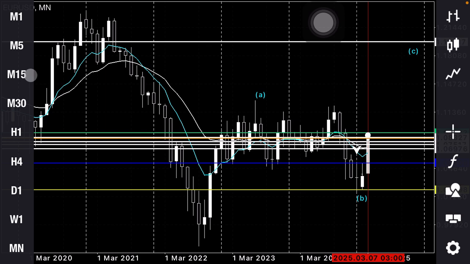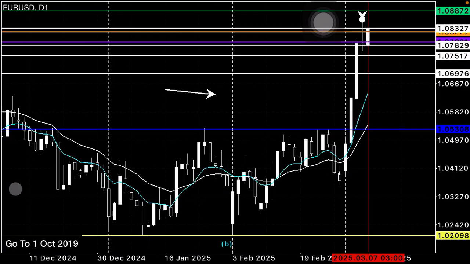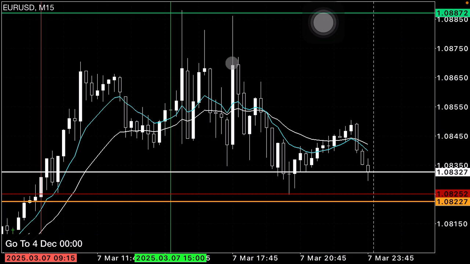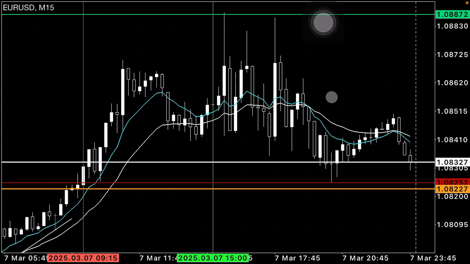So going back to the daily, and then go back to the 15-minute chart. So the brother missed the bus on that one, but there could be a pull-up, a pullback.